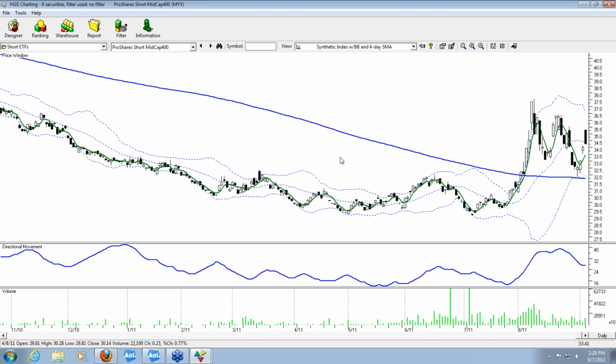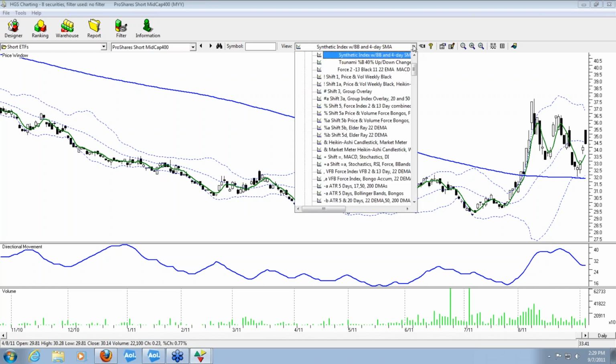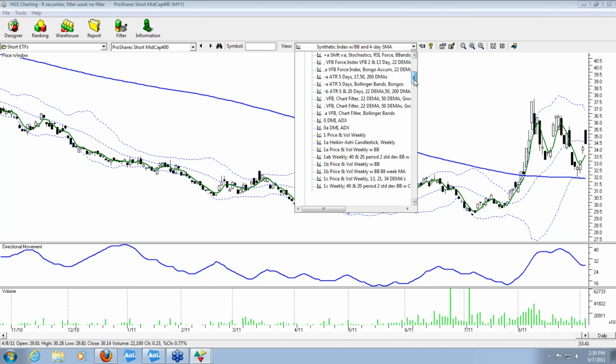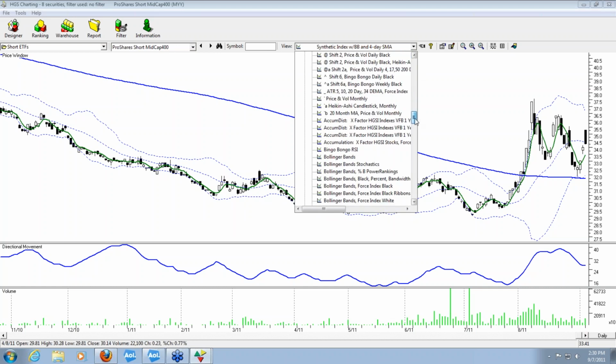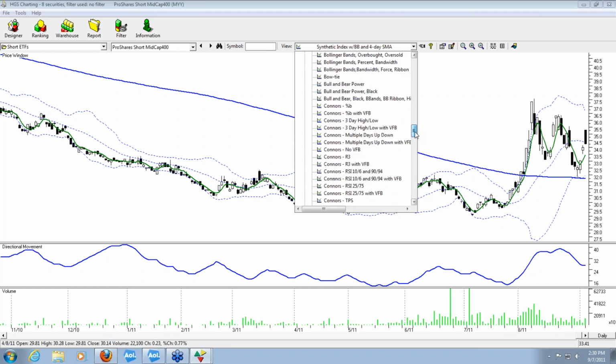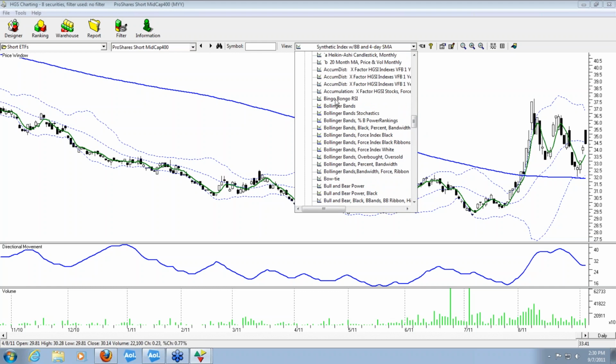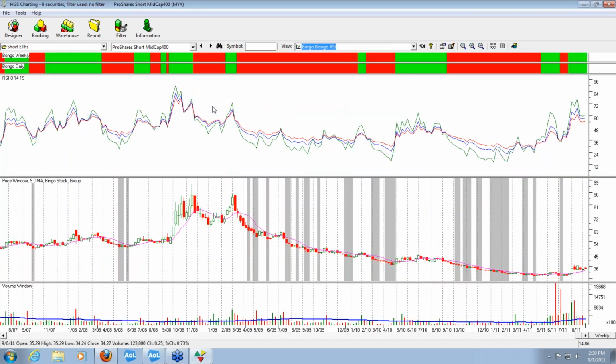Yeah, Stephen Gerwitz is interested in knowing what parameters you use for the Bongo. Ah, the Bongo. Let's go to a Bongo chart. This has nothing to do with what we're looking at, but it's where I've got the Bingo Bongo RSI. Okay, let's look at the Bongo.